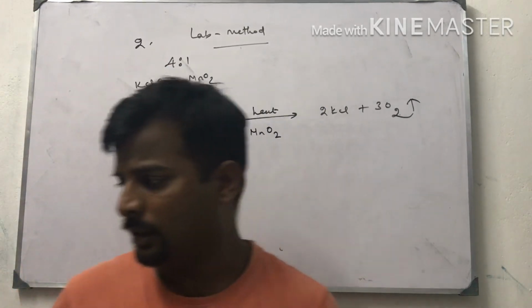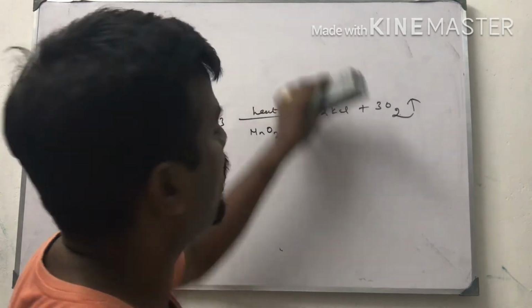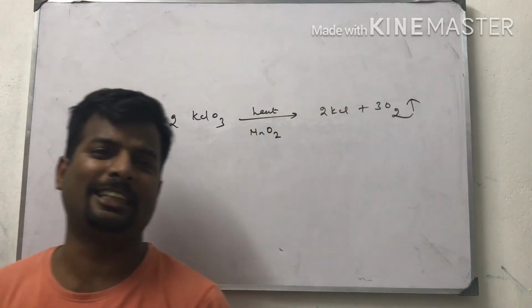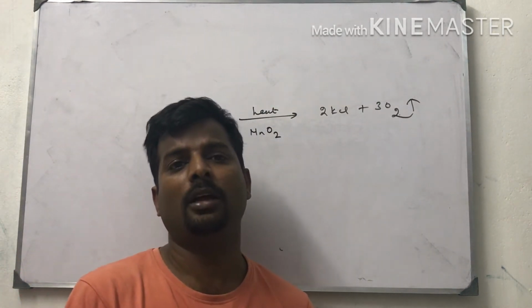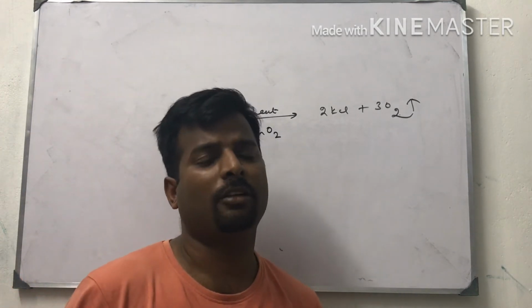Next one is decomposition taking place in presence of some low reactive metal oxides in the electrochemical series, like silver, lead, mercury, less reactive than copper.